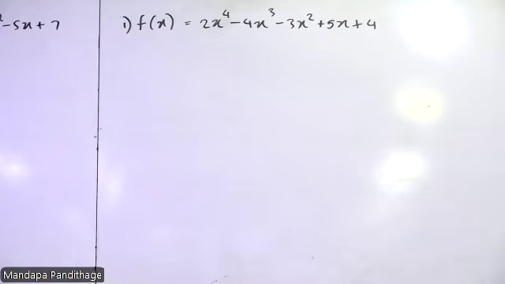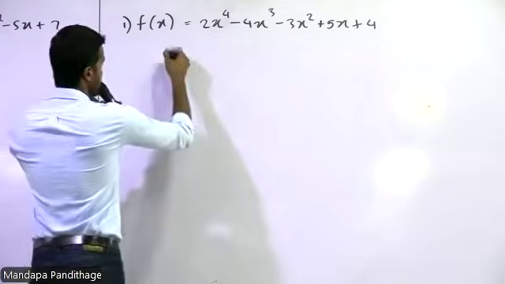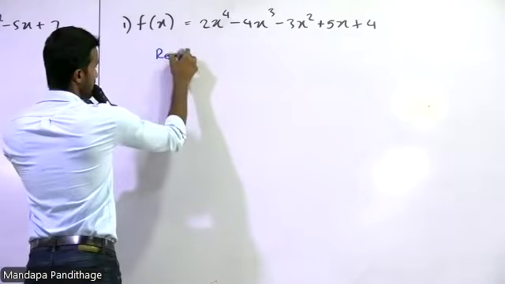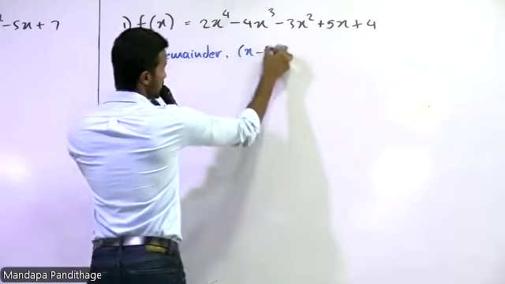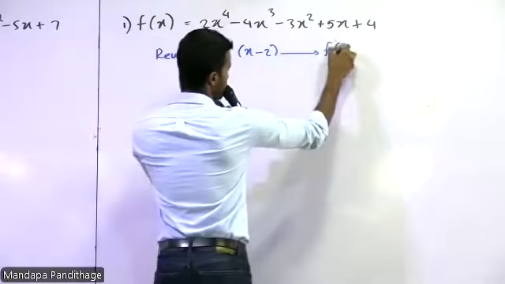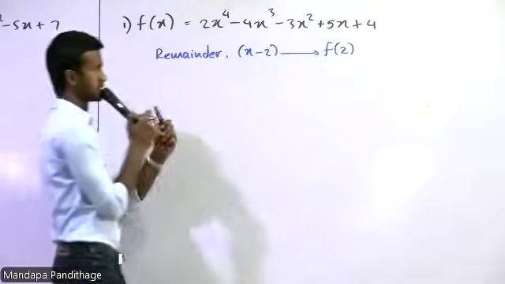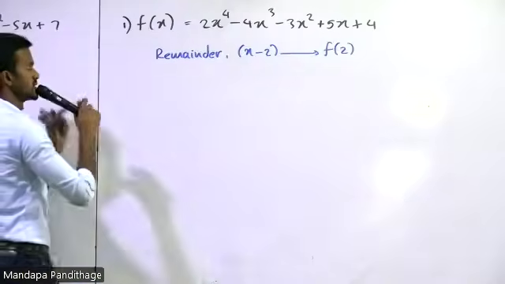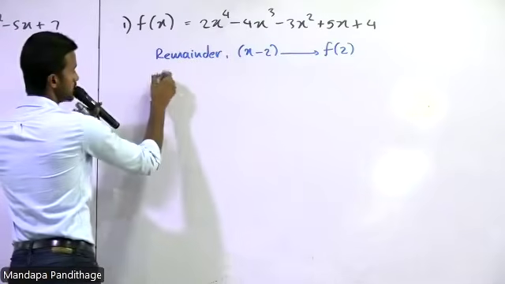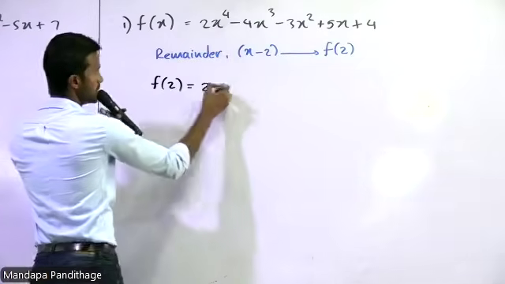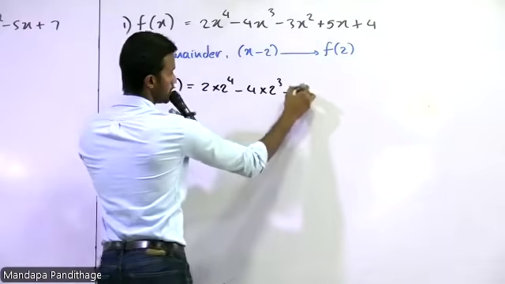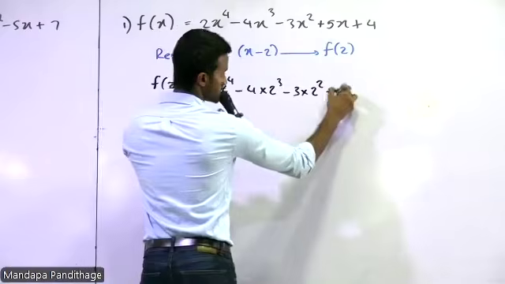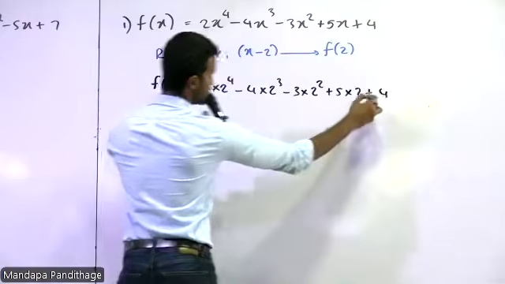Okay, first one, when divided by x minus 2. You can write the remainder when divided by x minus 2 is f(2). Okay, so substitute x equals 2. f(2) is 2 into 2 to the power 4, minus 4 into 2 cubed, minus 3 into 2 squared plus 5 into 2 plus 4.